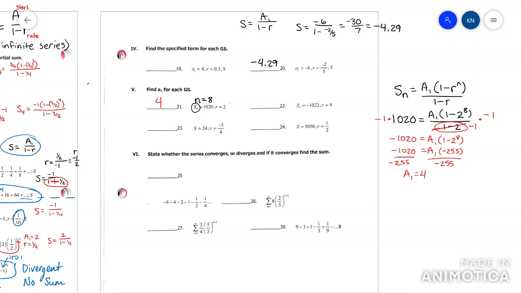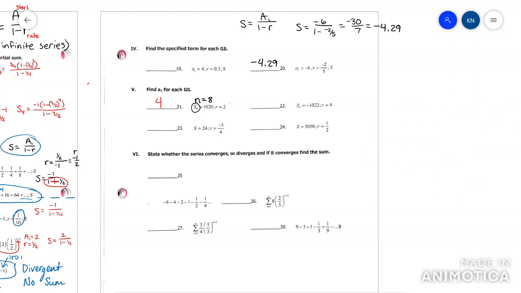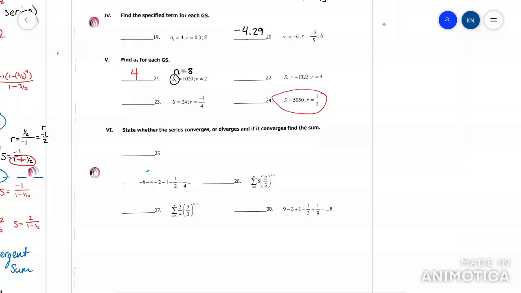All right, let's look at the infinite ones. You're going to be using the other equation. I'll do 24. All right, so the equation you're going to use is S equals A1 over 1 minus r. And so you know that the sum is 50-50.